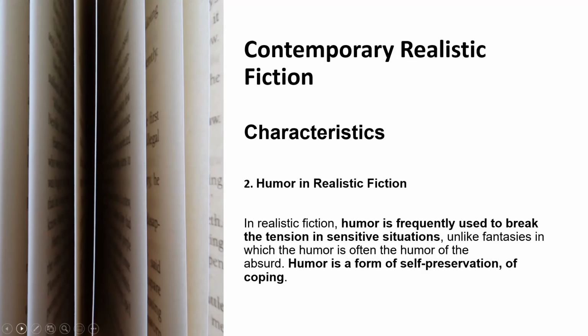Humor is a form of self-preservation of coping. Okay? In realistic fiction, humor usually takes one of the three forms. One is humor of the character. This depends on the antics of eccentric personality. Another, humor of situation. Surprising, awkward, or ridiculous actions or situations are among the common sources of humor in children's stories.